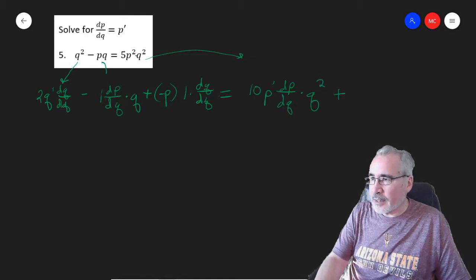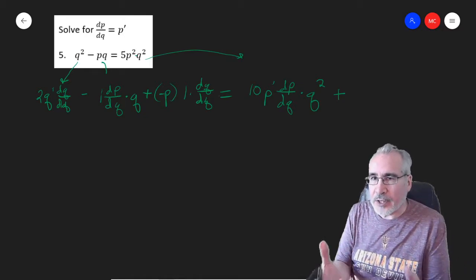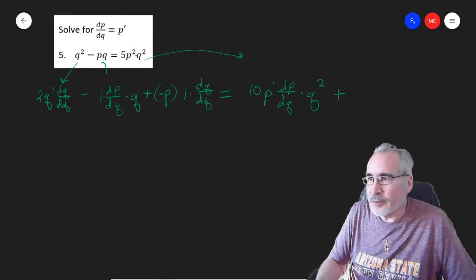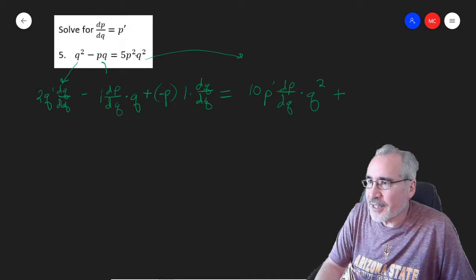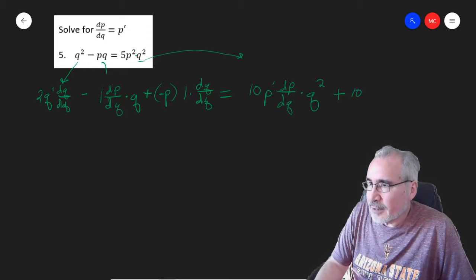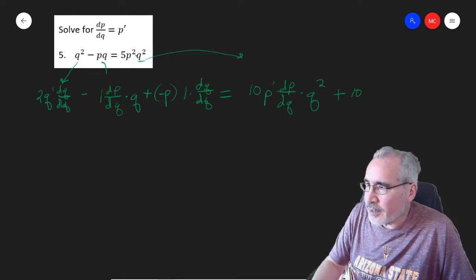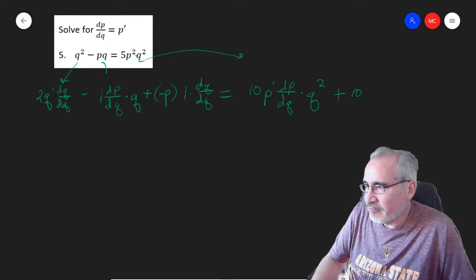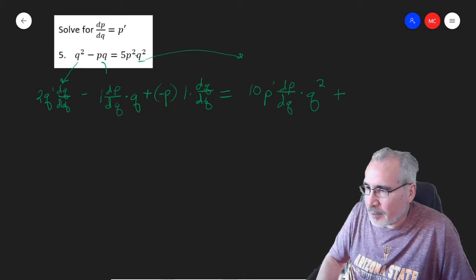Now I take the second part of the product rule. Okay, so this is a product rule within implicit differentiation. So I'm going to take the derivative of q in this step. So the 2 comes down, 2 times 5 is 10. I guess I could put that p squared in the front if I wanted to. Let me just, because I usually try to keep them in the same order.